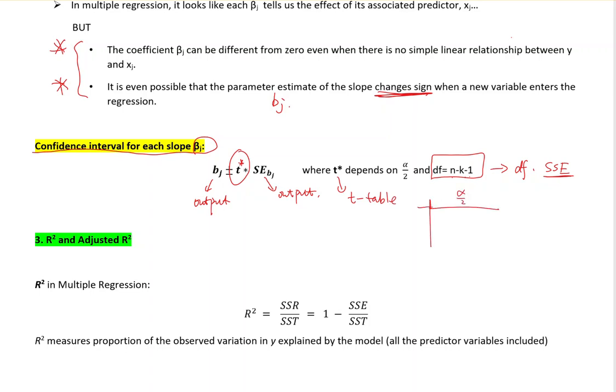With alpha over 2 and the degree of freedom you find your t star, and then you can find the other two in the output. So a similar thing.